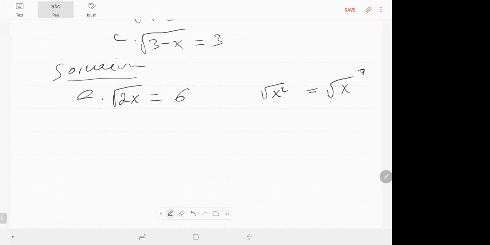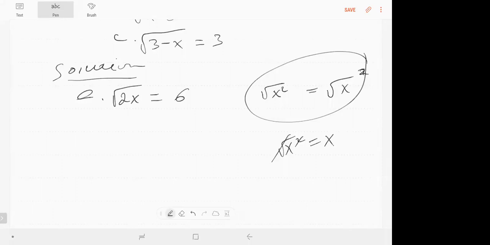Second, the square root of x squared means the square can be cancelled out by the square root, so the result will be x. When we solve square root equations, remember these 2 points always.